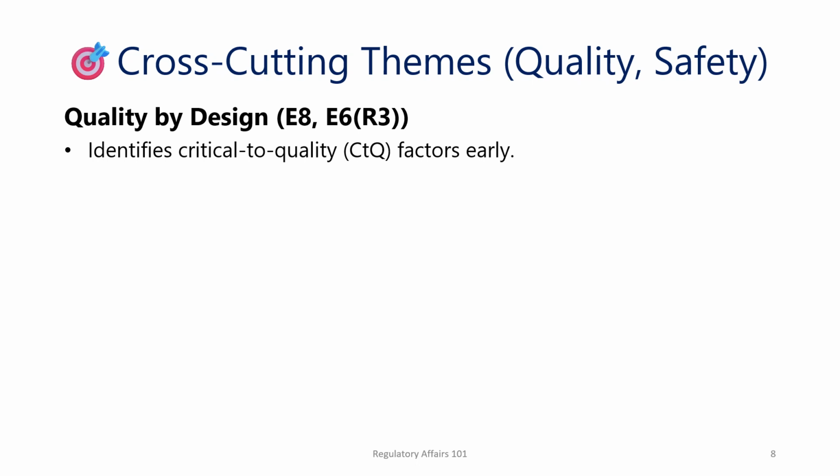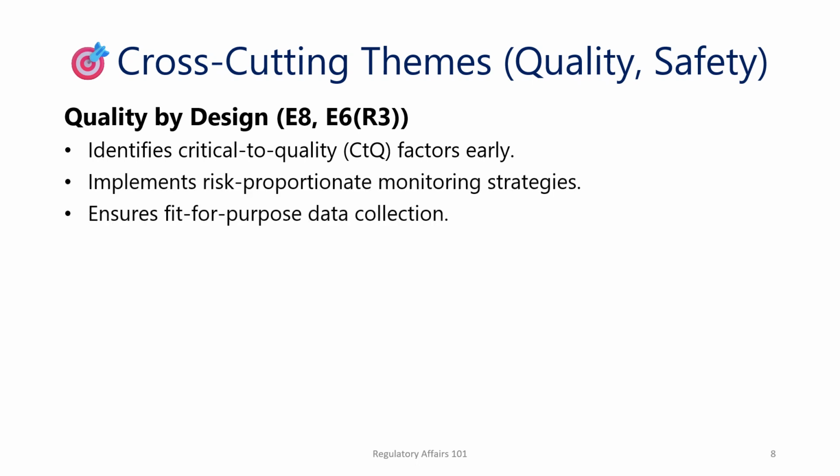It means identifying critical to quality factors, CTQs, early and applying risk proportionate monitoring to protect participants and ensure fit-for-purpose data. QbD ensures that quality is built into the study from the start.